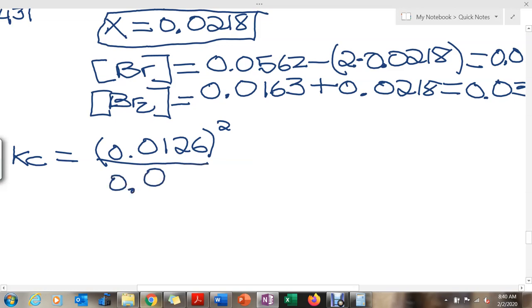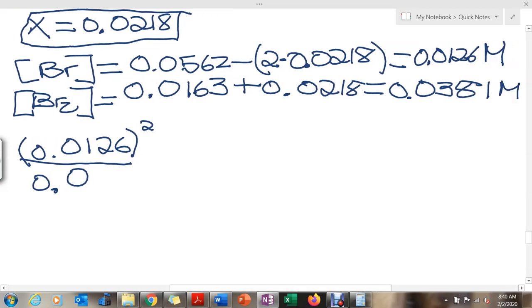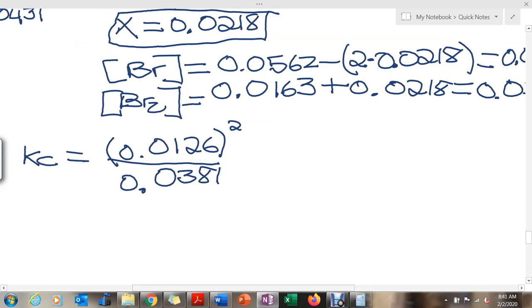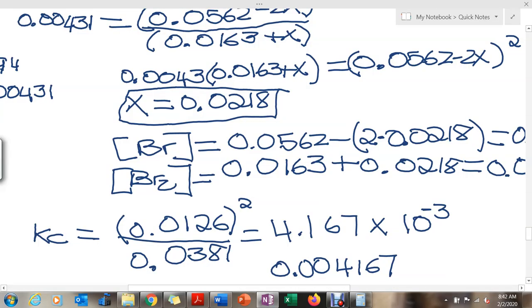This is not to the square. I'm substituting these values of concentration in equilibrium into the Kc expression to see if we got it right. So doing this math, I'm going to pause it so we don't spend time here.